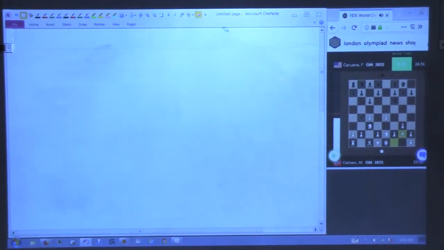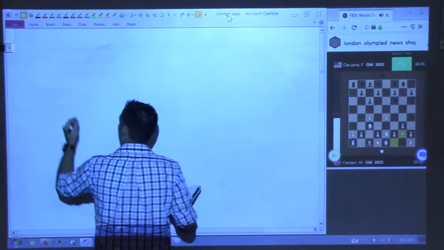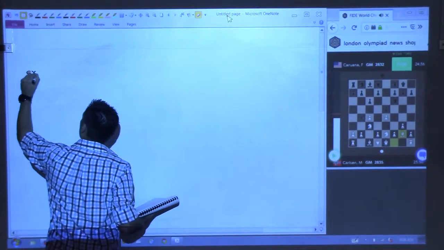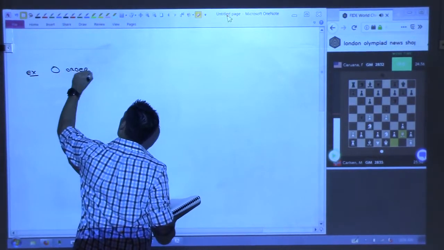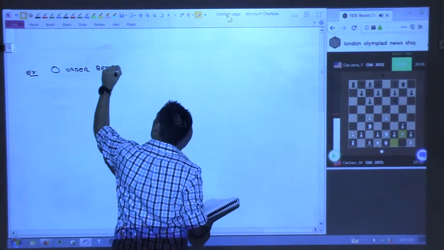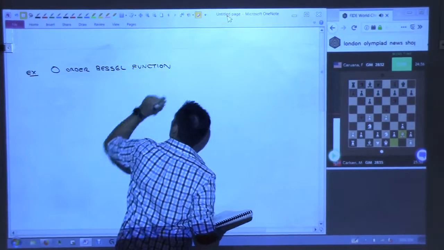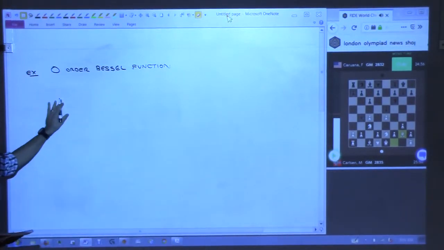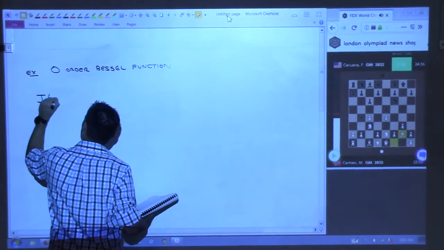This is an example right now of what's called a zero order Bessel function. There's zero order, first order, second order, and don't worry too much about where this comes from.